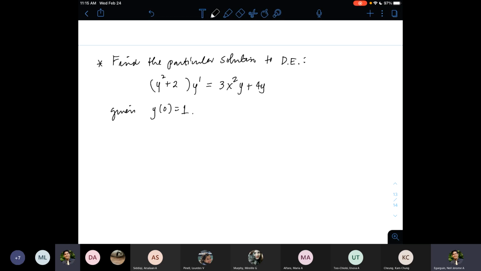Again, even if the problem didn't tell you to find a particular solution, you'll know right away that you're looking for one specific solution because you are given an initial condition over here.